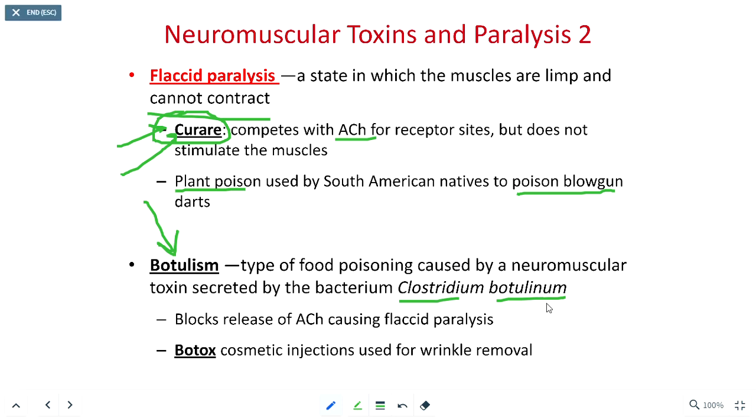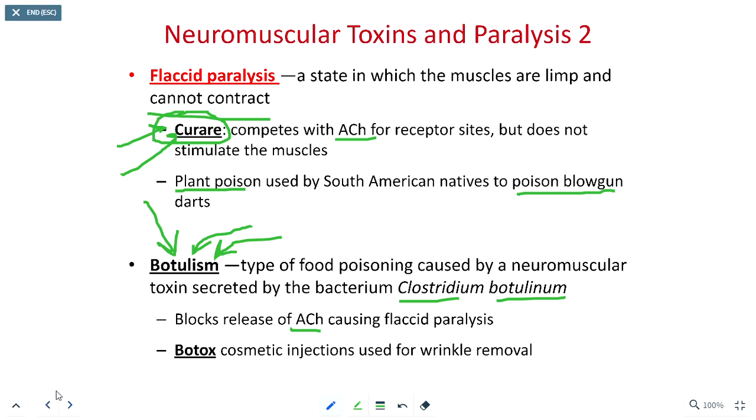As Clostridium botulinum releases the botulism molecule, this molecule is going to prevent the release of acetylcholine from the axon terminal of the neuromuscular junction. High concentrations of this poison kill you. Low concentrations of this poison can cause localized relaxation of skeletal muscles.